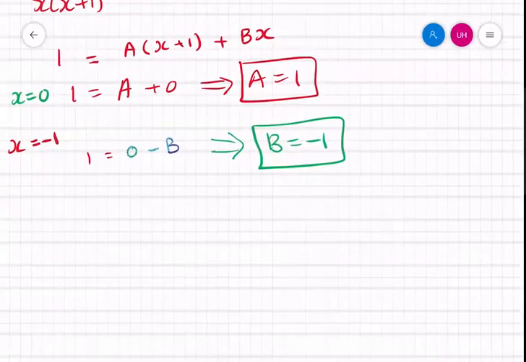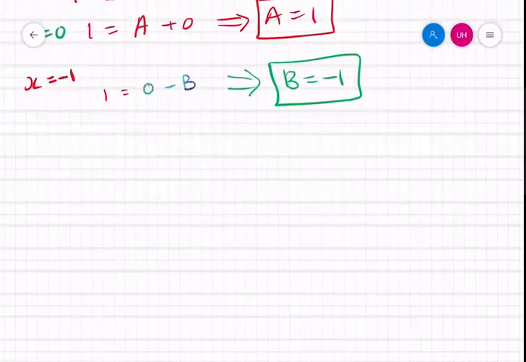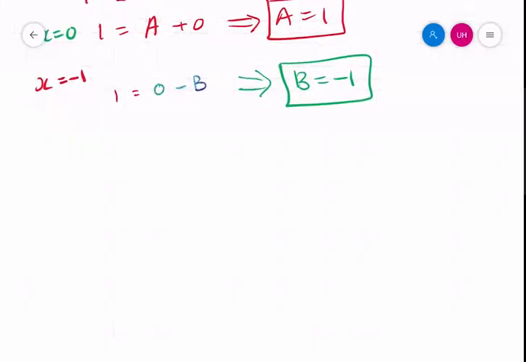Okay, so now we got the values of a and b. We go back now to the integration and substitute the values. The integration will become 1 over x, instead of the a, plus minus 1 over x plus 1, dx.